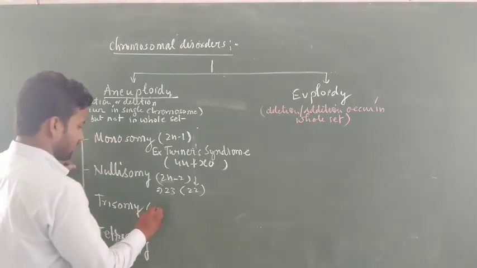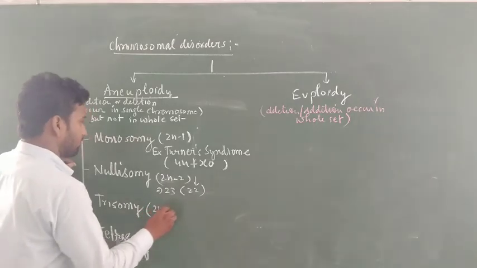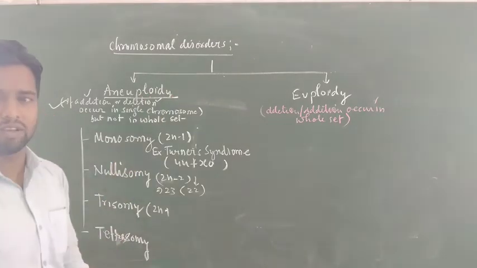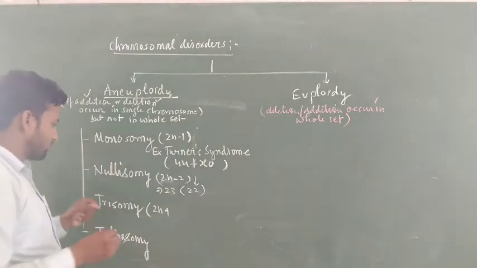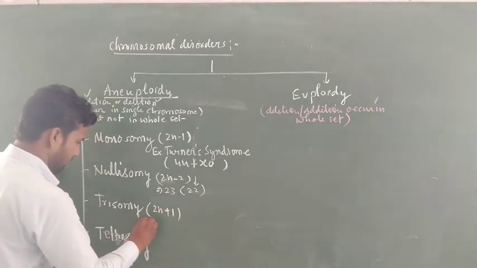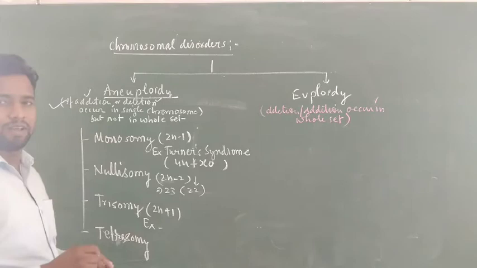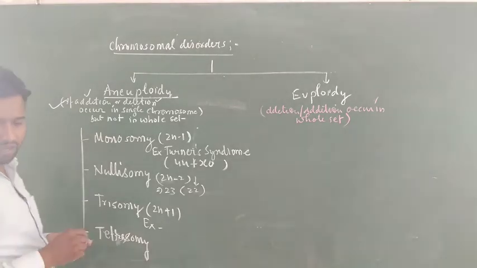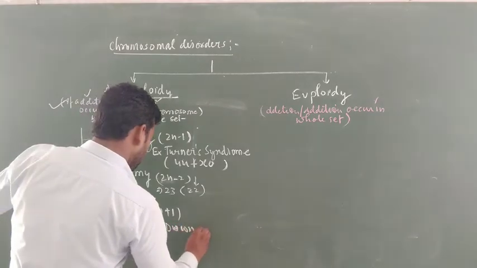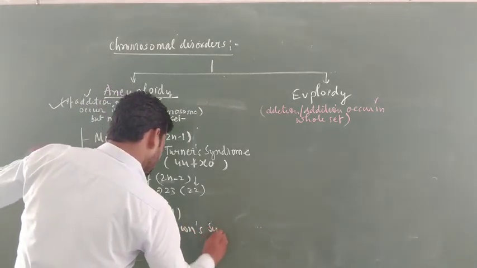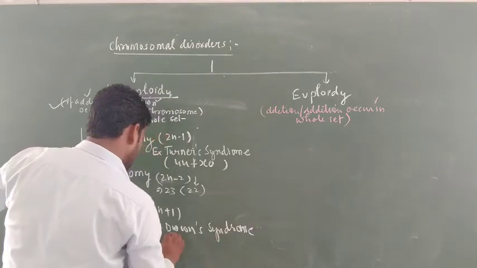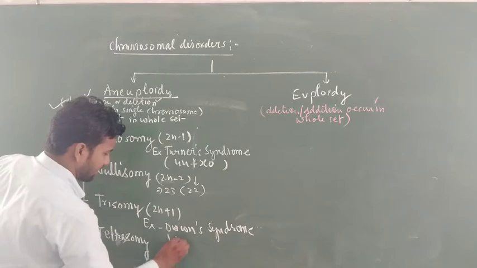In trisomy, one chromosome is added. The definition says addition or deletion of a single chromosome takes place in the body. In trisomy, the 2n plus 1 condition is observed, and the best examples of trisomy in the class 12 NCERT book are Down syndrome as well as Klinefelter syndrome.